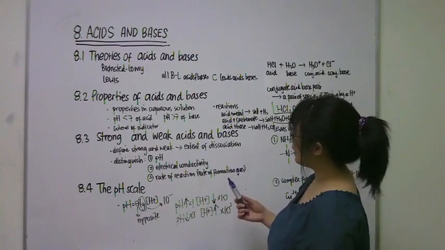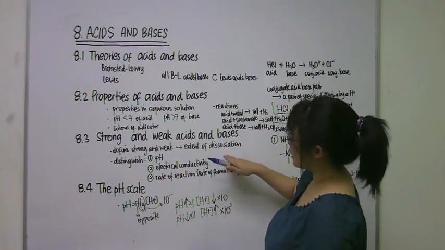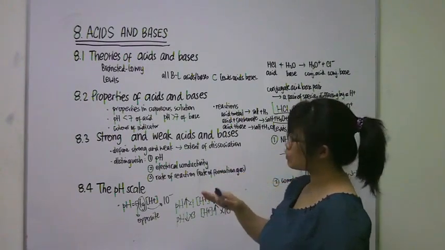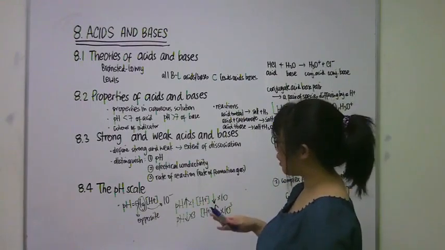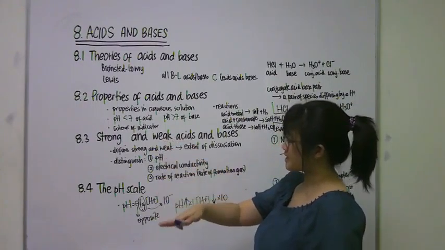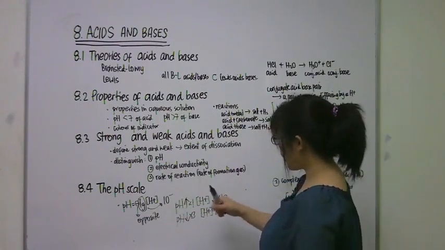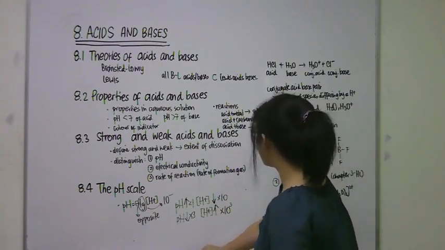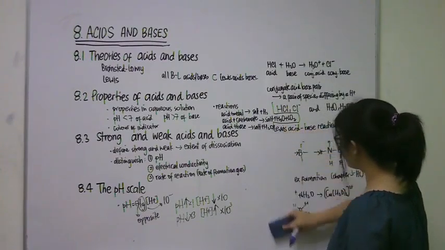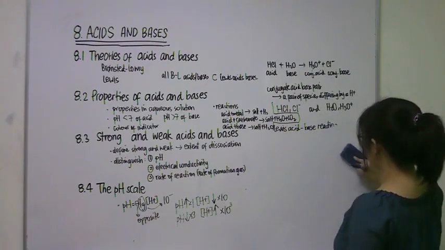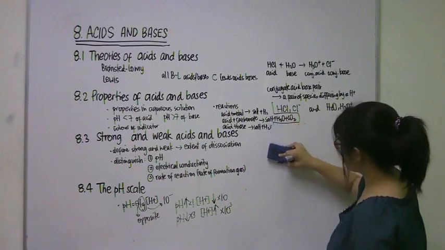Also, in the strong and weak acids and bases, you need to give your students an example of all: strong acids and weak acids, strong bases and weak bases. Because when they see an equation, they need to be able to identify what is a strong acid and what is a weak acid.